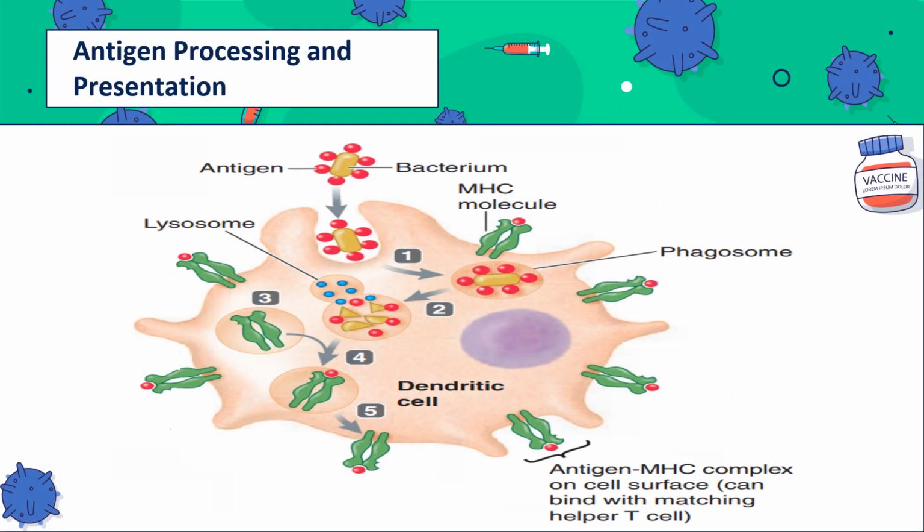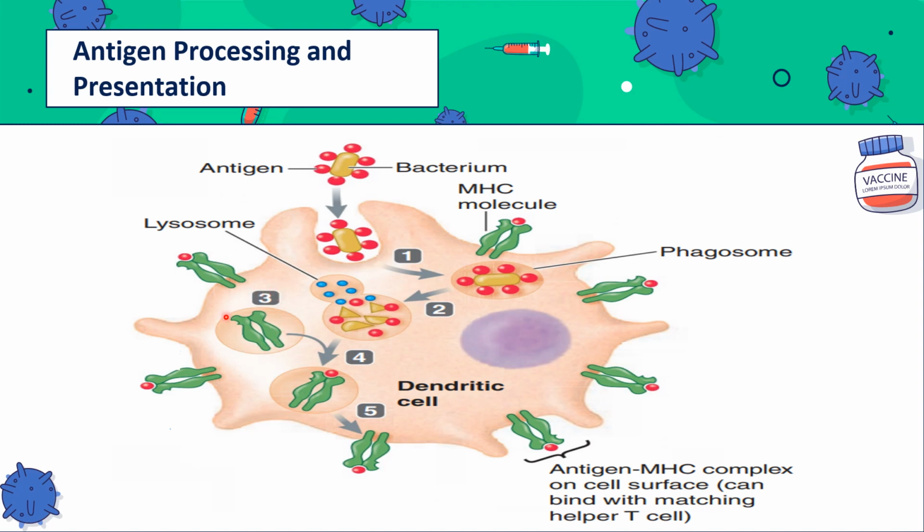Antigen processing and presentation. The antigen is engulfed by the process of endocytosis, and then the phagosome forms. The lysosome fuses with the phagosome to form the phagolysosome, and then happens the synthesis of the MHC molecule.